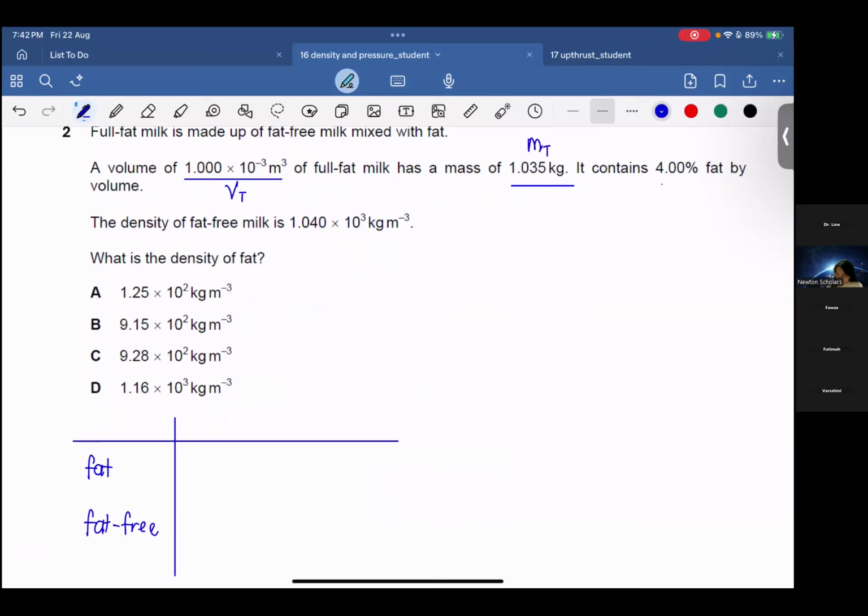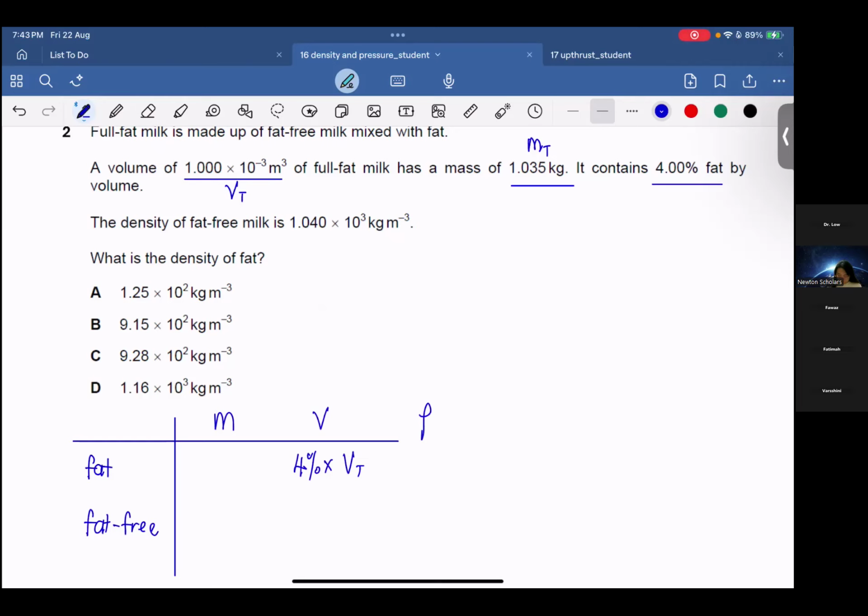It contains 4% of fat by volume. So that means this is mass, volume, density. So 4% fat, that means the fat here is 4% of the total volume. So you have to count: what is the volume for the fat?